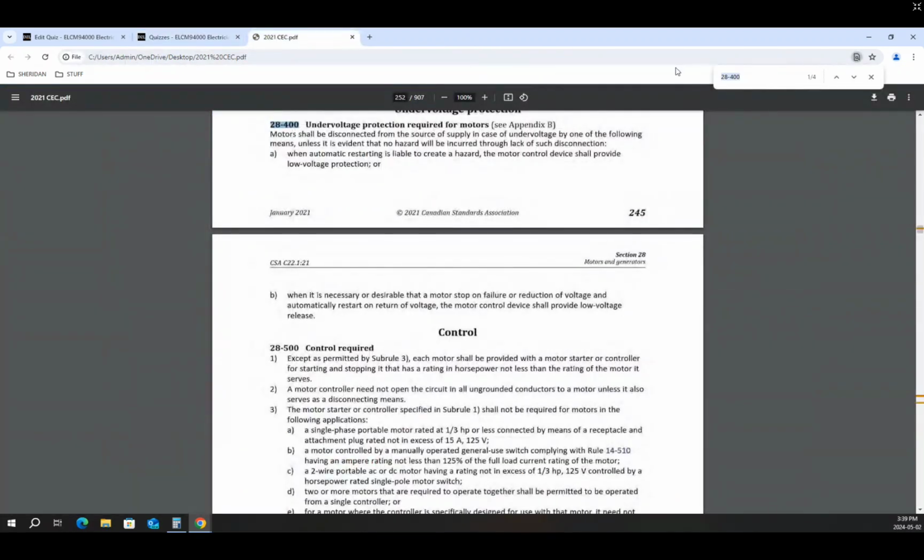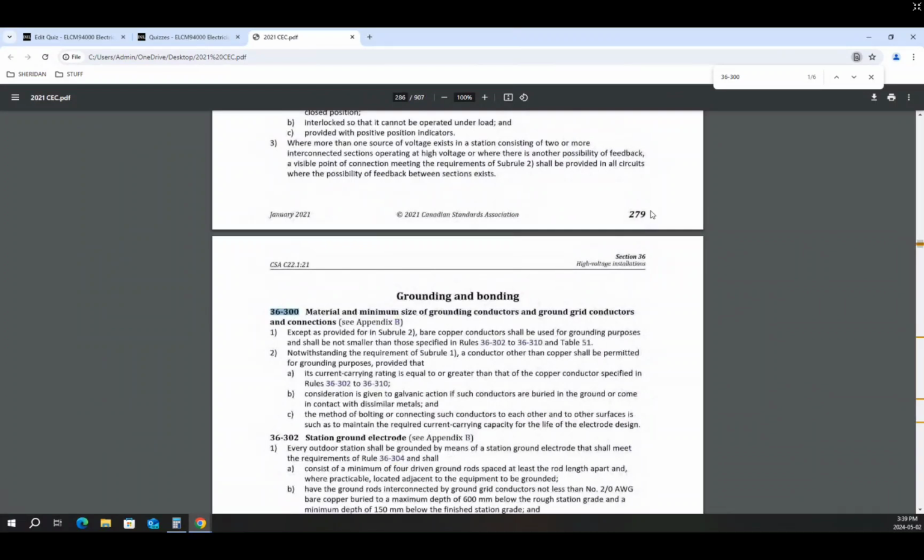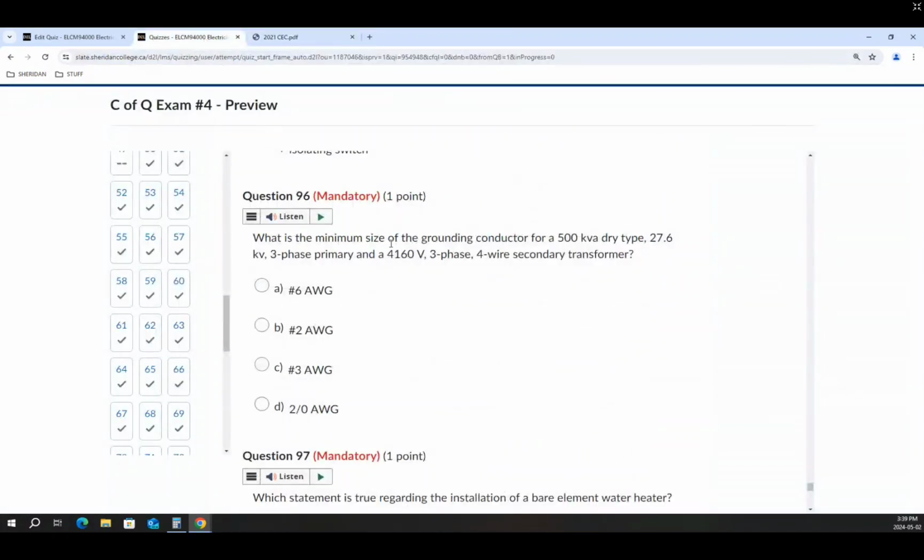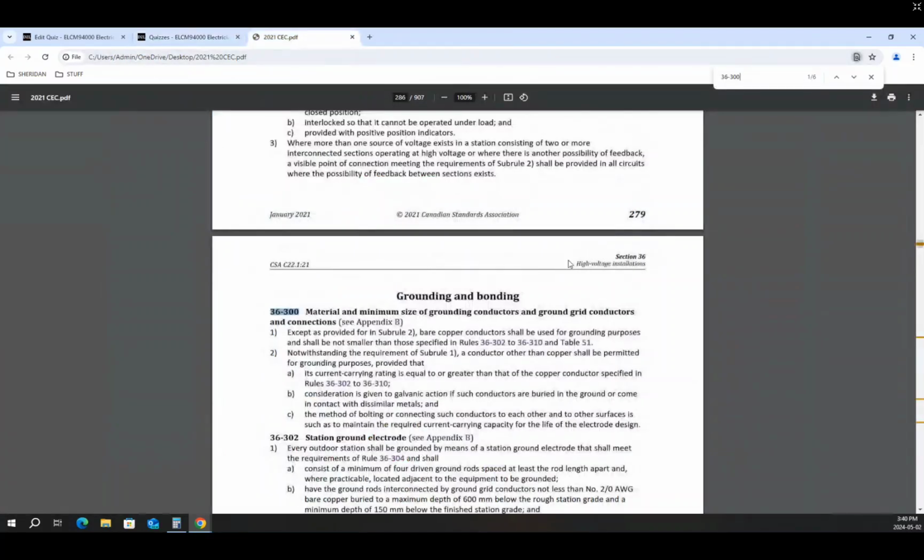So, grounding and bonding. Minimum size, 500 kVA, three-phase, 4,160 volt primary, 4-wire secondary, high voltage, grounding, bonding.